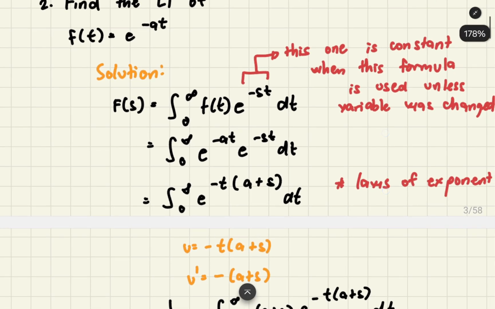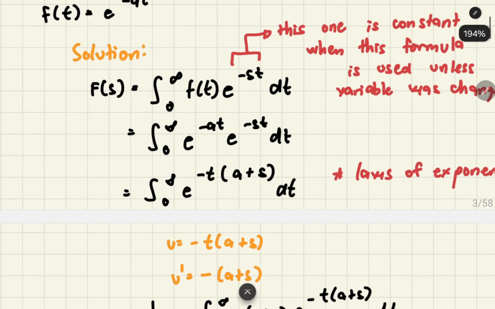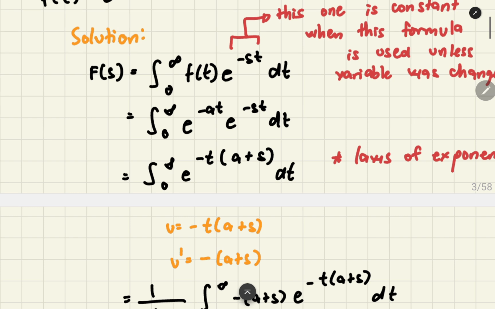So let's substitute our function, which is e raised to negative at. So f of t was changed into e raised to negative at, based on our problem, times e raised to negative st dt.